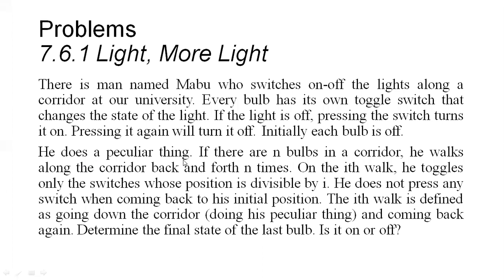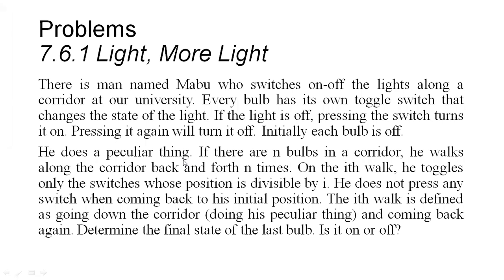If there are n bulbs in a corridor, he walks along the corridor back and forth n times. So there are n bulbs, and n number of times he is walking over the corridor. On the ith walk, n number of bulbs are there and n number of walks he is doing.